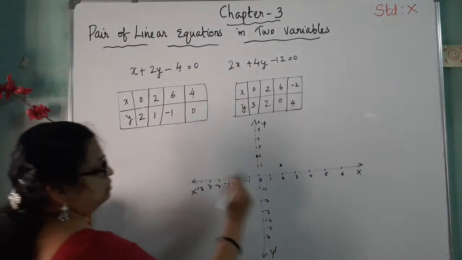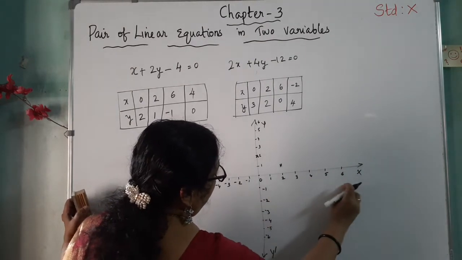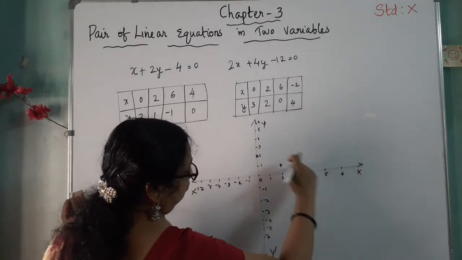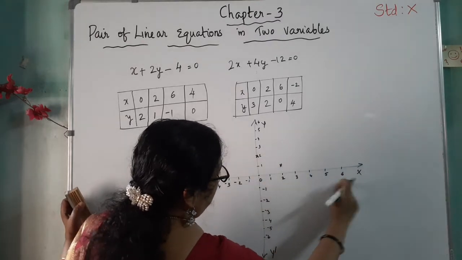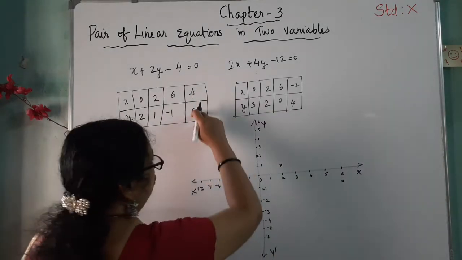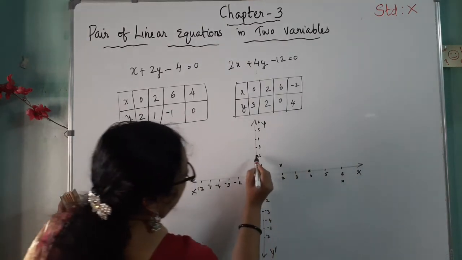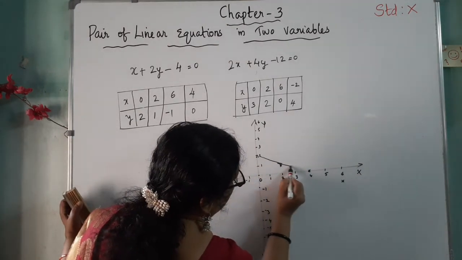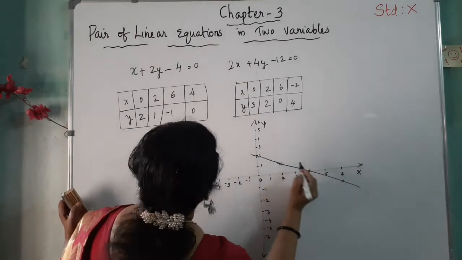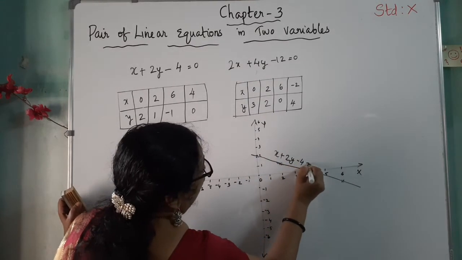Then (6, minus 1), 6 is this and minus 1 is here, that is the point. Then (4, 0), the y coordinate is 0, sir, that is 4 here. Then we can draw this line joining these points, a straight line we get in this way. This line is x plus 2y minus 4 equal to 0.